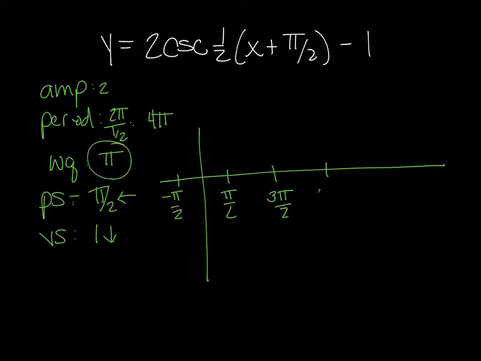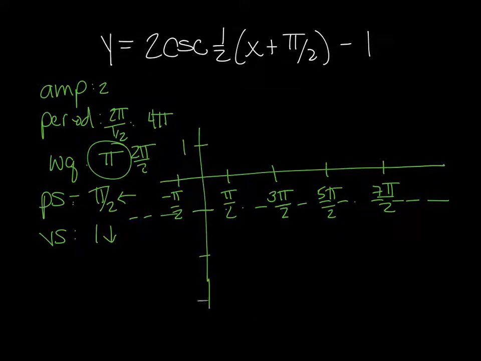Add another one, 5 pi over 2. Basically pi is the same thing as 2 pi over 2, so I'm adding on 2 pi over 2 every time. I need one more, and we get 7 pi over 2. We have a vertical shift of 1 down, so I'm going to make my dotted axis there now. My amplitude is 2 up from there, so I go up to 1, and I go down to negative 3.